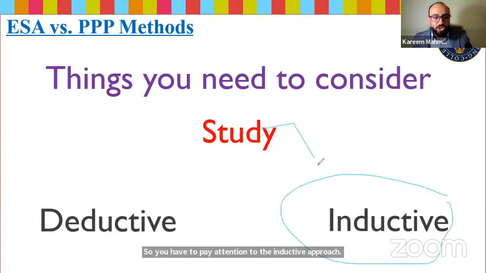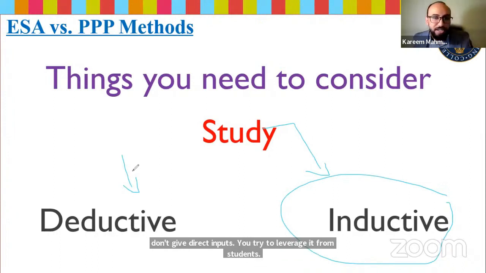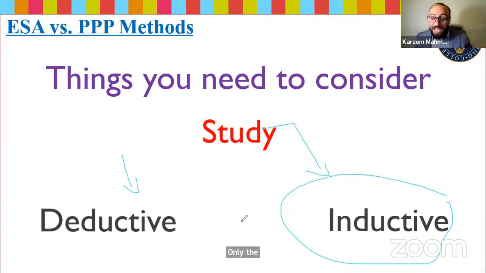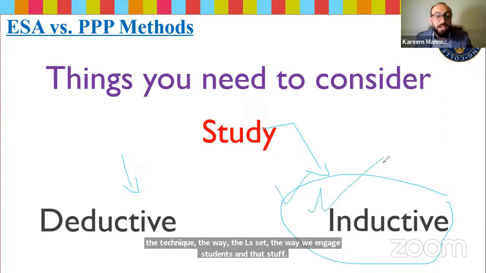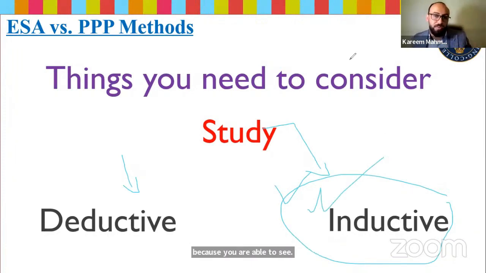Whatever you're going to teach students, you teach it inductively. You don't give direct input; you try to listen from students. Perhaps you can use any technique of guided discovery. I'm not saying the approach, only the technique, the way you elicit and engage students. That will be a plus for you because your aim is fluency, and that will help you achieve your aim.